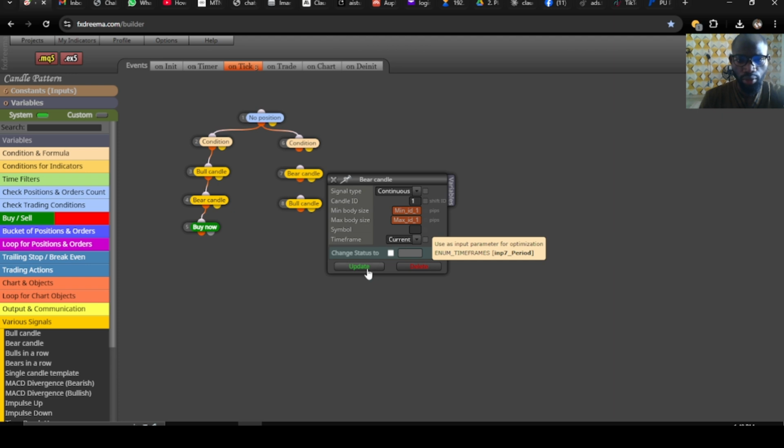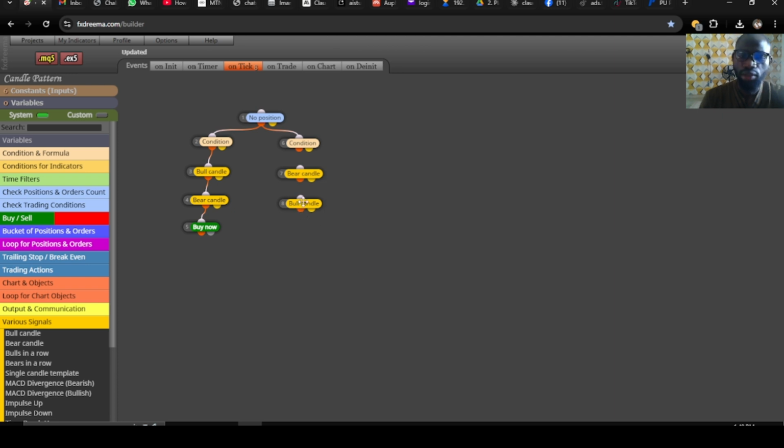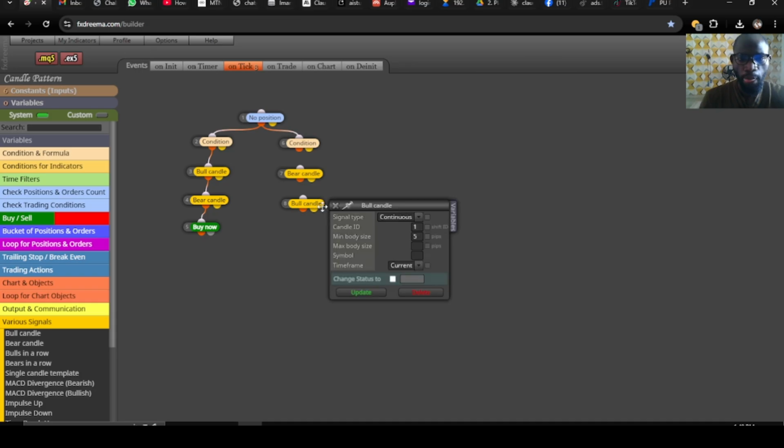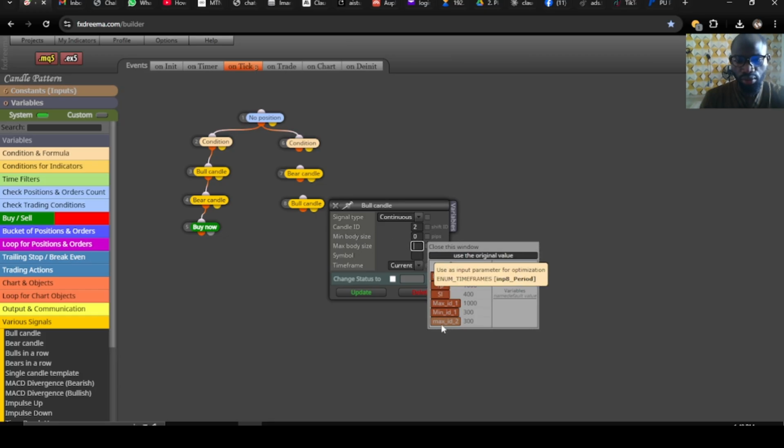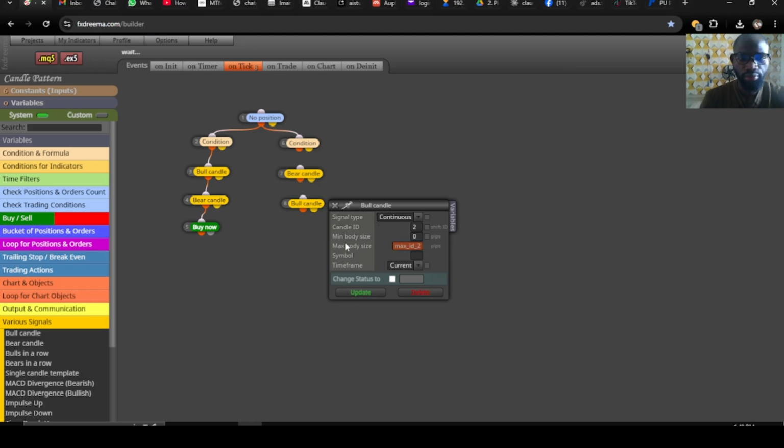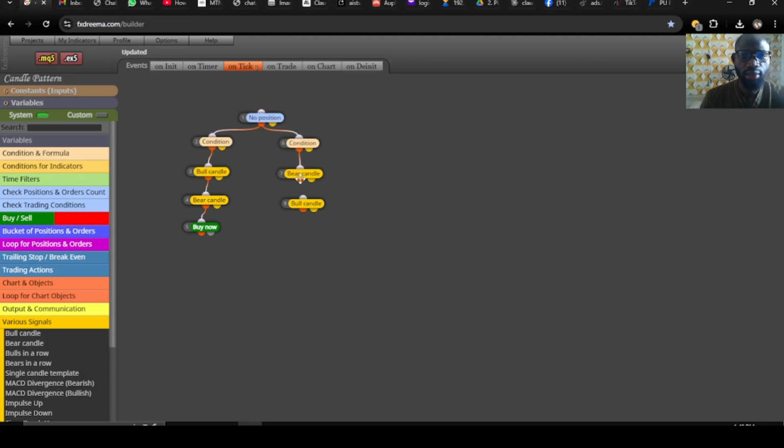Then we update. We do the same thing for this bullish candle. We change this to 2, and we change this to 0. Change this minimum candle to 0, and this maximum candle changes to maximum ID 2, and we update. Then we link them together.